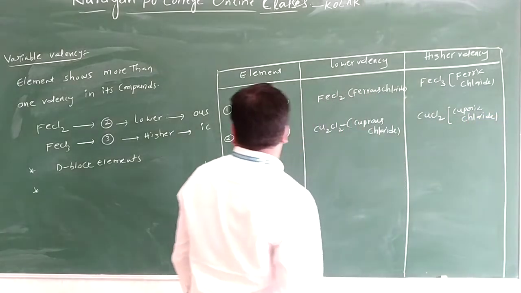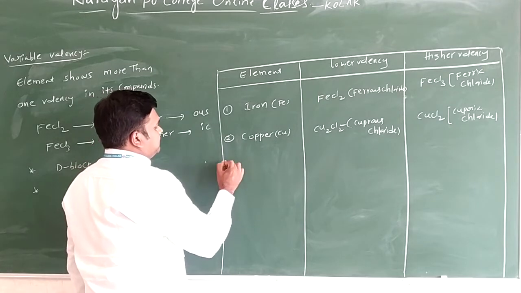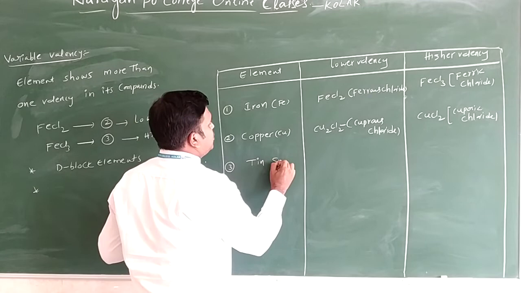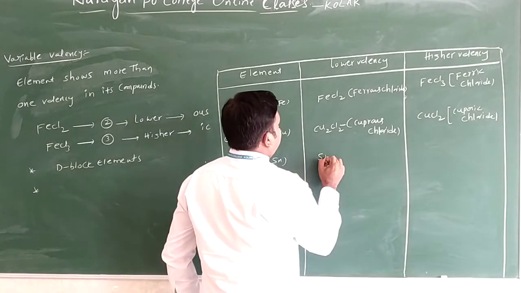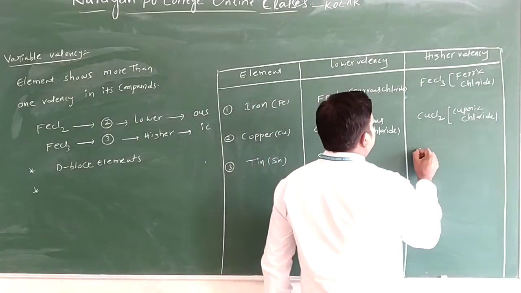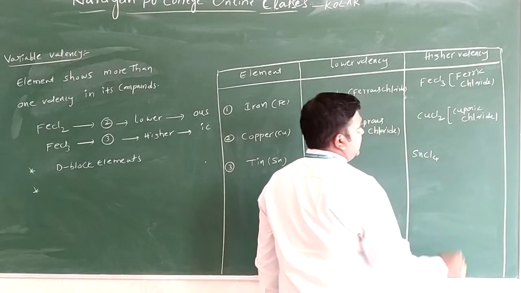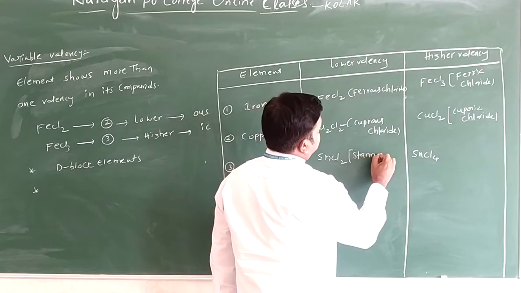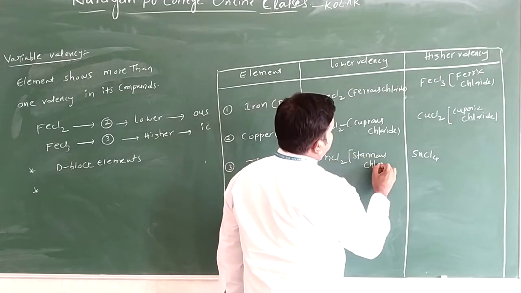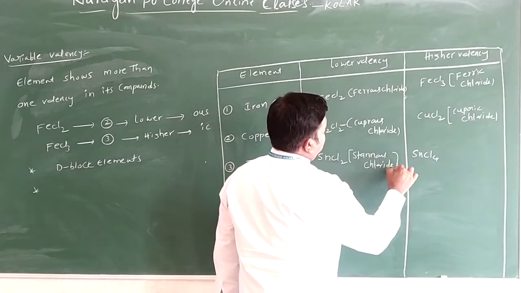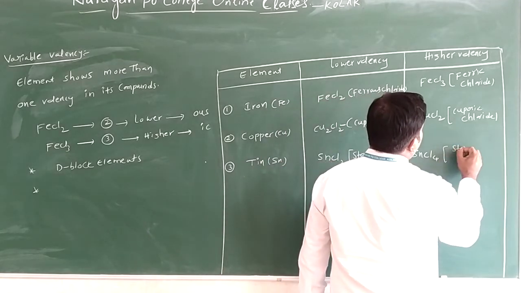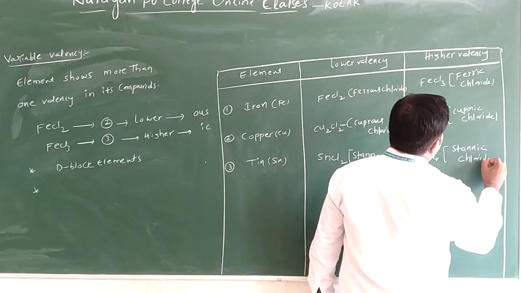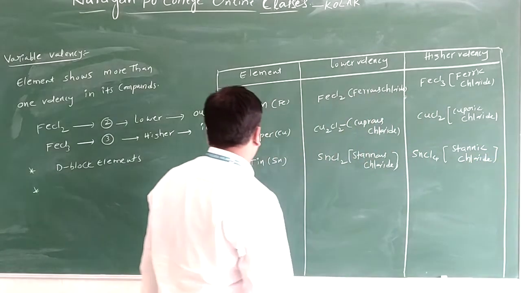The third one is tin, Sn. I am writing SnCl2 and SnCl4. Tin we call stannous chloride, and here stannic chloride. Stannous chloride and stannic chloride.